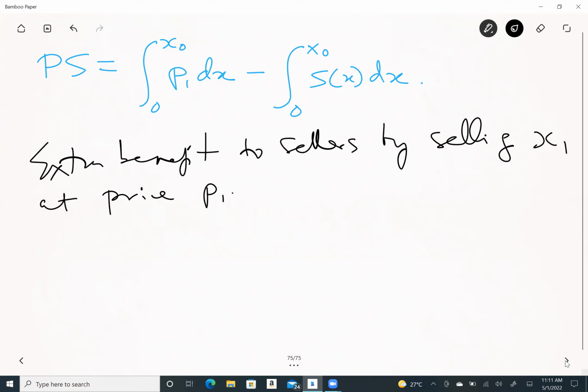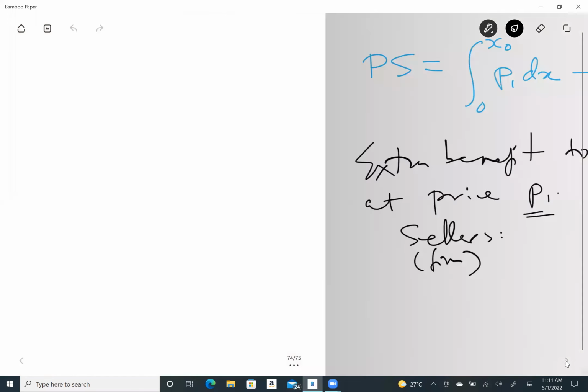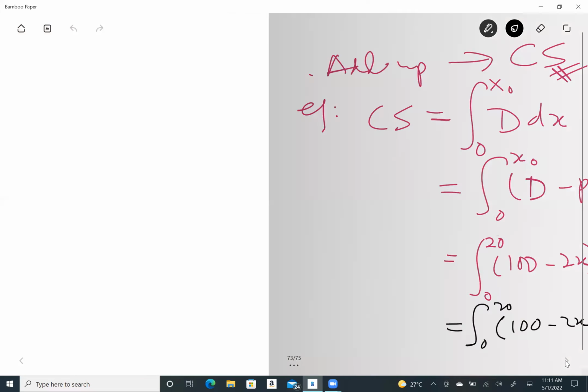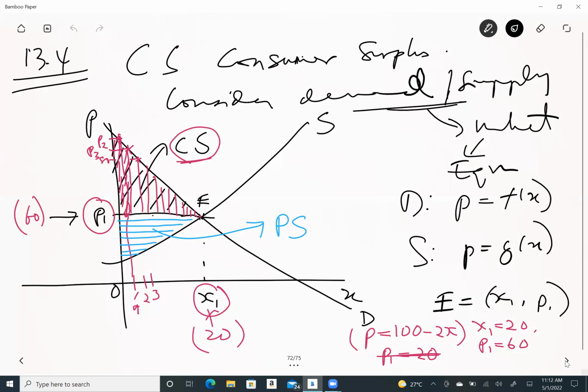Okay, now, if you look at the firms, the firm, okay? If I sell X1 quantity at the price of P1, what is my revenue? How much do I get? I sell X1 at P1. Example here 60, 20. Let's say 60, 20. So how much do I get?